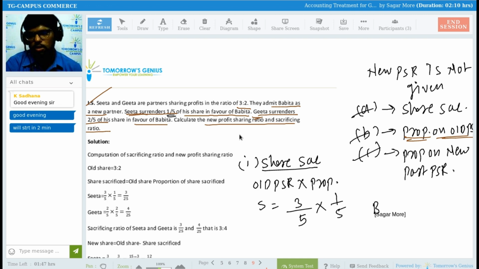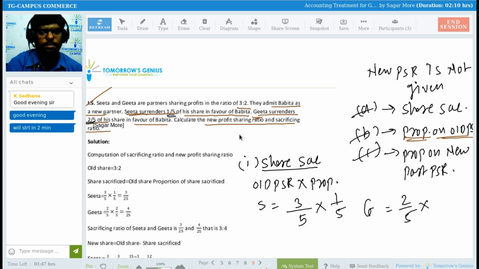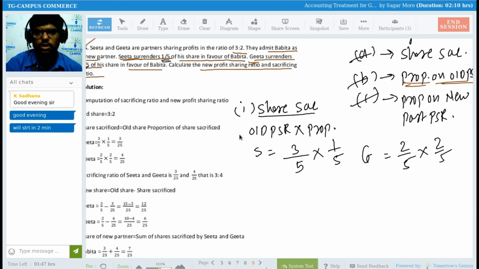And for Geeta the same. Geeta's share is 2/5. How much did Geeta surrender? 2/5, no? Sorry, Sita and Geeta. Geeta surrendered 2/5, so 2/5 multiplied by 2/5. Please help me in solving this. 4/25.